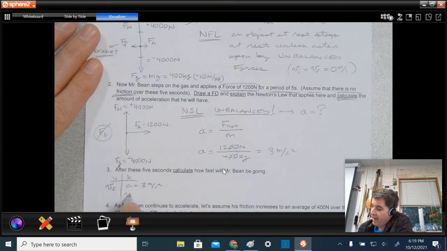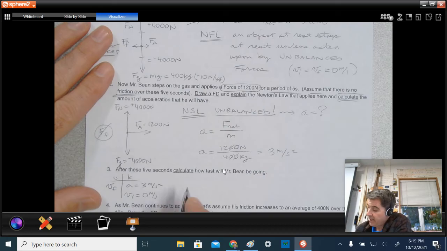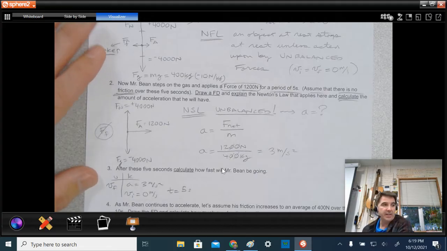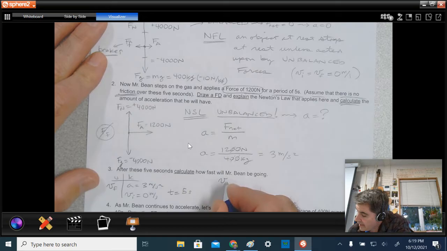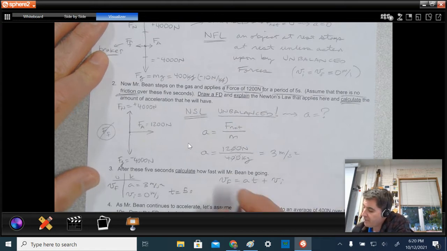And I know my VI was equal to 0 meters per second because I was at a stop sign. And I also know my T is going to be 5 seconds. So do I have an equation that fits perfectly with this stuff? And yes, of course I do. Fits perfectly. VF is equal to A times T plus VI, equation number 2.